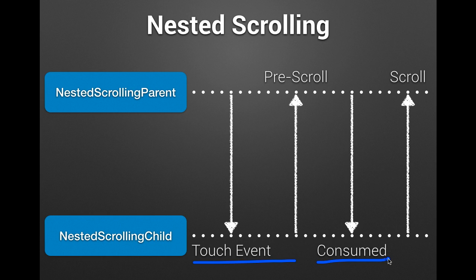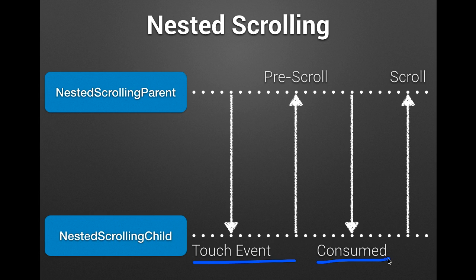The user has done this, and we've recognized that they went down, they went real fast, and they lifted up, right? That is the gesture. So we know that happened, but before the view is going to start actually moving anything, before it's going to start animating its contents, it's going to give a callback to the parent to say, all right, I'm about to fling. We know that happened because the gesture's already done.